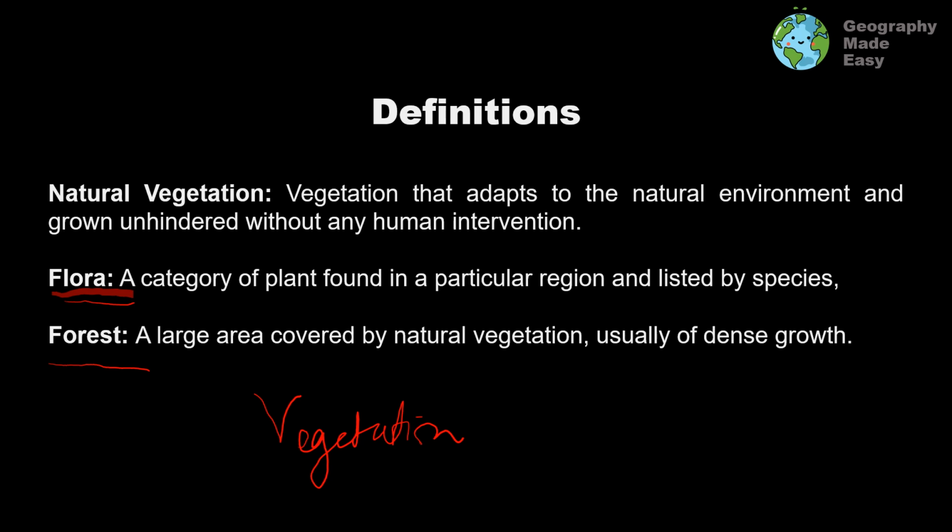Flora is when a particular species of plants occurs at a particular place. On the other hand, vegetation is the assemblage of many different kinds of plant species living in an area or an ecosystem. So ecosystems have different kinds of species of flora, but together they form the vegetation.